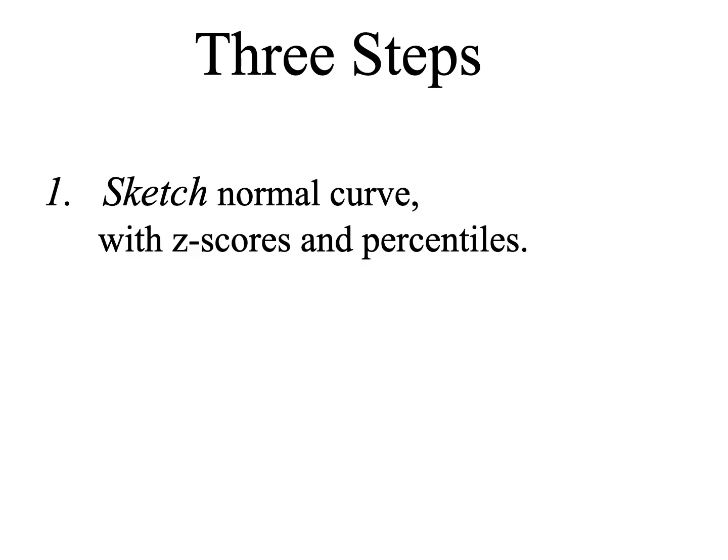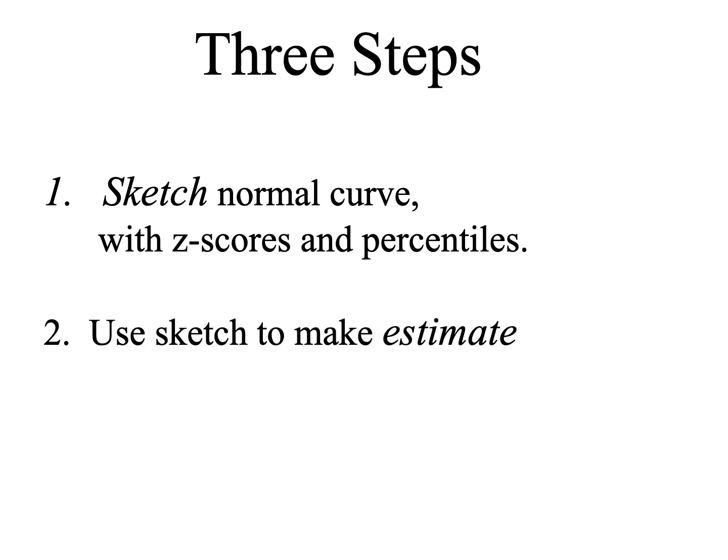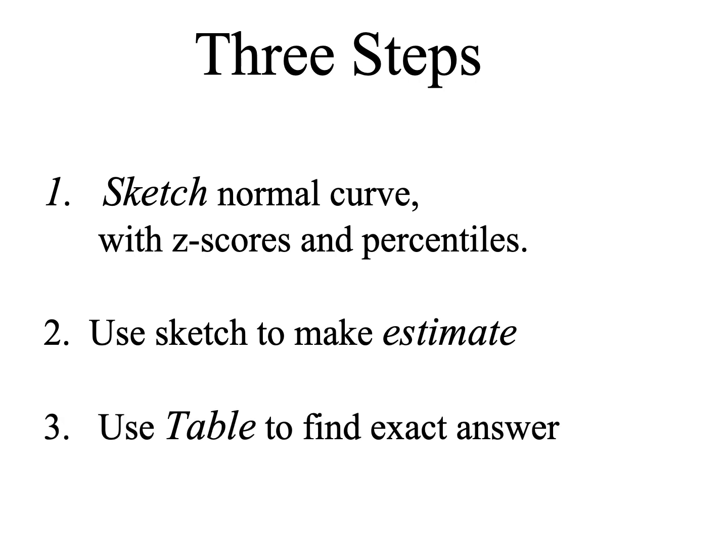First, you need to sketch the normal curve and write the z-scores and percentiles at the bottom. Then you use the sketch to make an estimate of the answer. Then you use the table of the percentiles for z-scores to find the exact answer. I am going to show you these 3 steps right now.